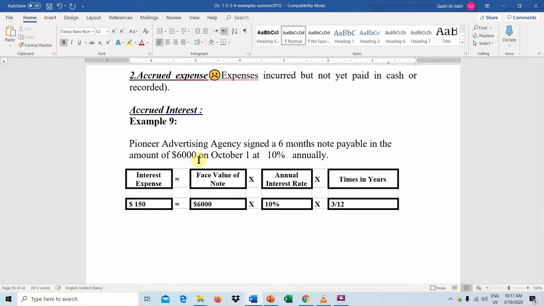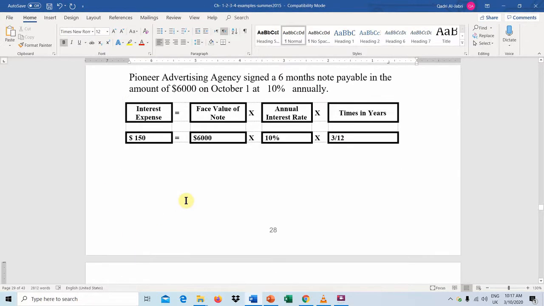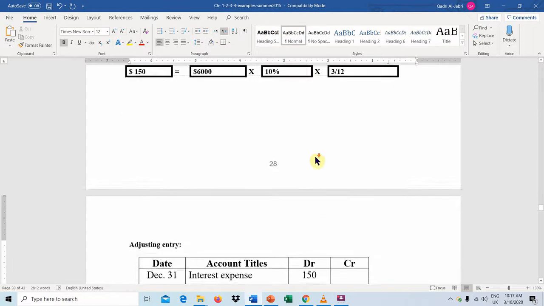The annual interest means for 1 year. That's why we have to write the time as a fraction of a full year. So we have interest for 3 months out of the 12 months. So we multiply 6,000 times 10% times 3 divided by 12. So the answer, which is 150, is the interest for 3 months only.